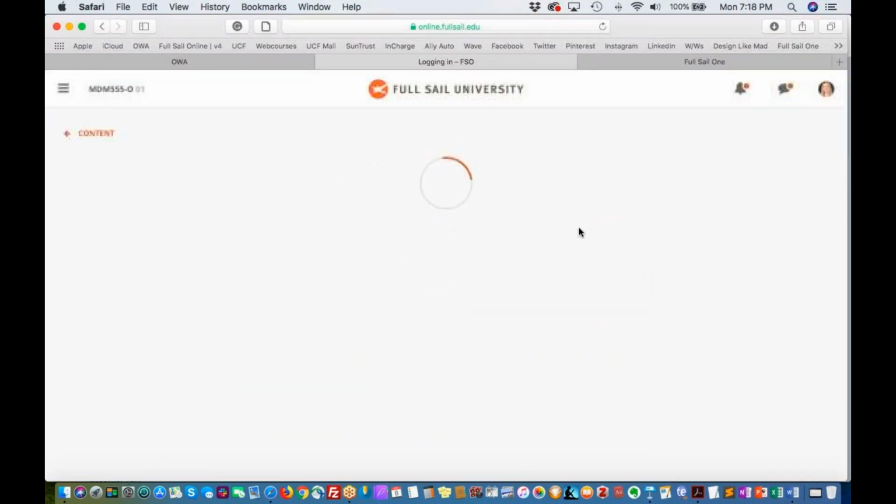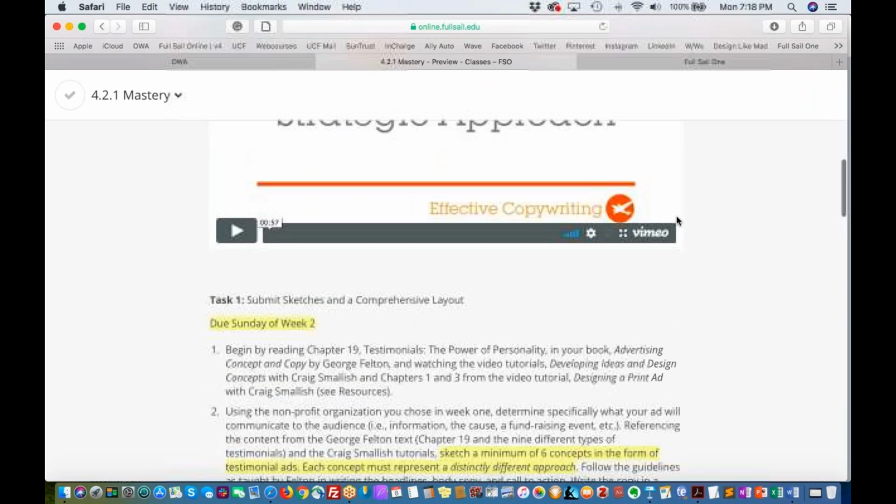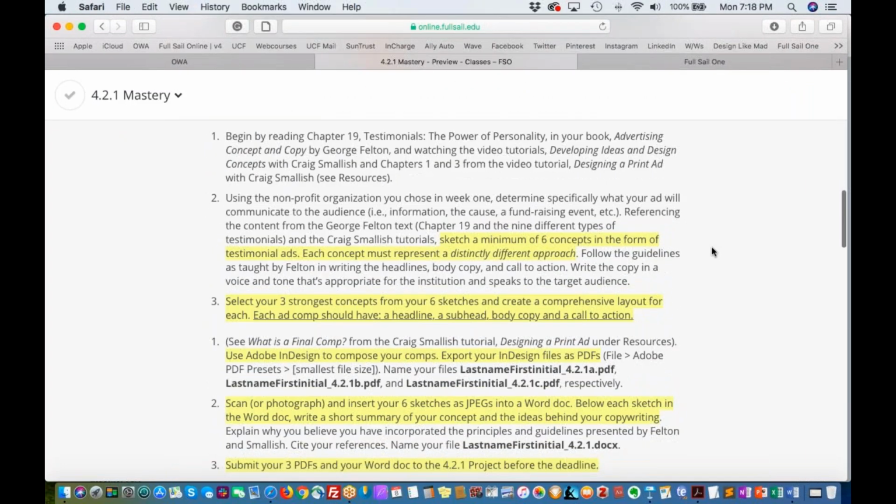I said use your textbook to define the meaning of something. Felton gives a description of each of these 9 different types of testimonials. So if you are using an extreme user, in your rationale, quote directly from Felton defining what an extreme user is, then discuss how your concept works based on that type of testimonial.